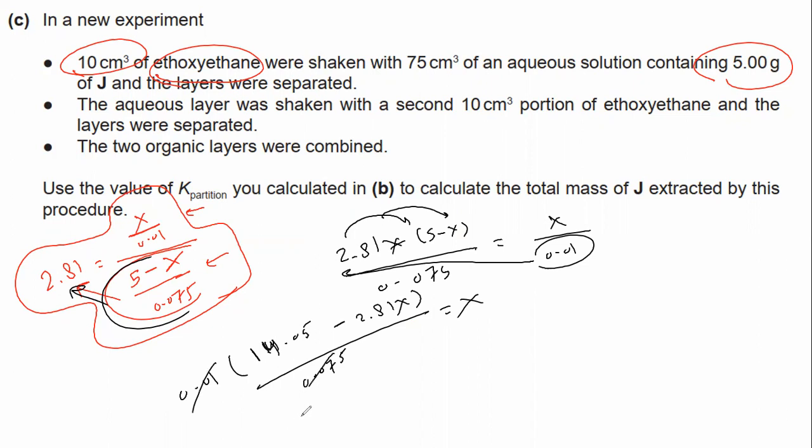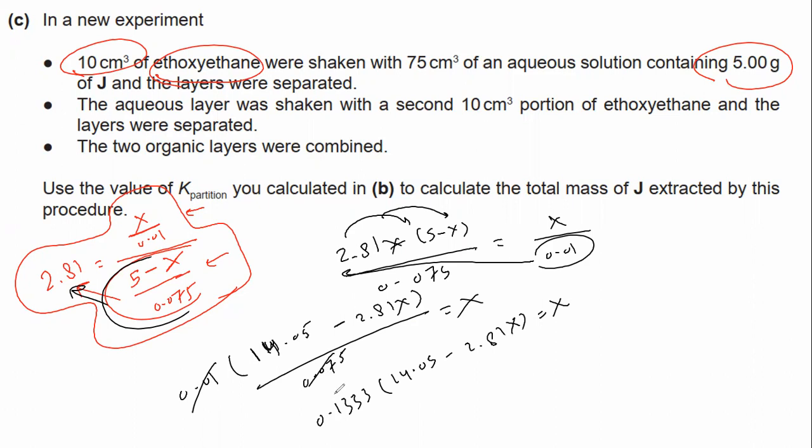Let's remove this with this, cancel them. So if you cancel 0.01 with 0.075, you end up with 0.1333. This one will be multiplied by 14.05 minus 2.81 X equal to X.